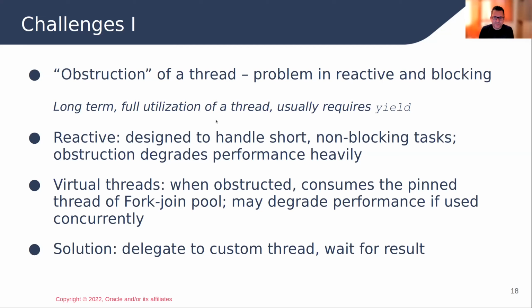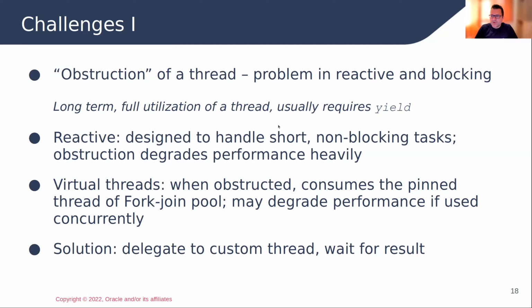You just say thread.join or you say future.get and you just wait until it finishes. Your virtual thread will be parked. It will not consume a pinned thread. And when the computation is complete, you will return as usual, and you will not destroy your server. So that was the first challenge that we traced immediately when virtual threads were announced.